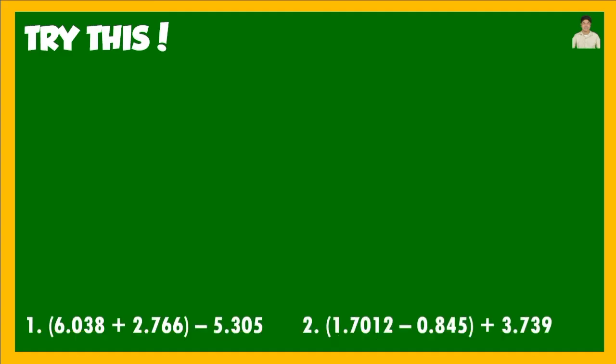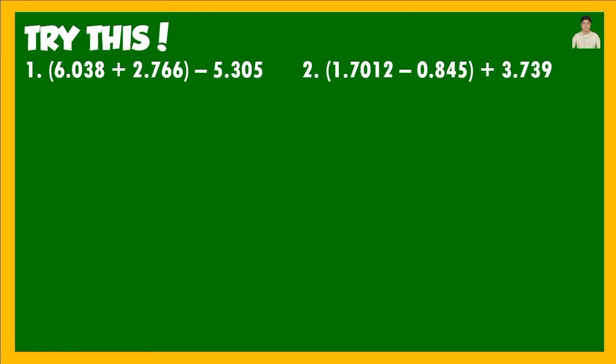Since na-discuss na natin yung process ng pag-add and subtract ng decimal numbers, time nyo naman para i-apply yung mga steps na natutunan nyo sa addition and subtraction of decimal numbers. This time, magkahalo po silang operations. Meron tayo ditong naka-parenthesis.